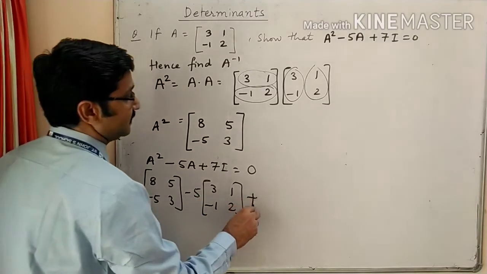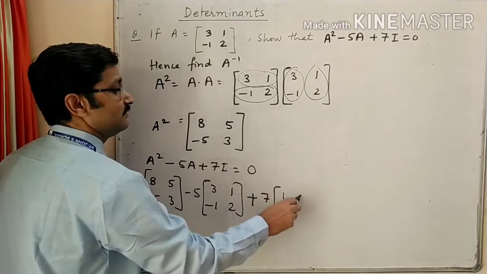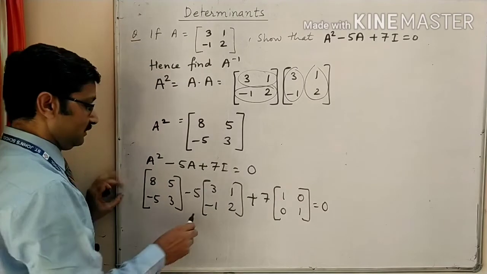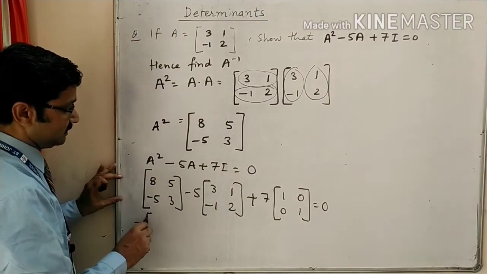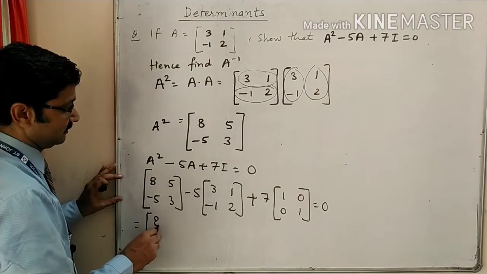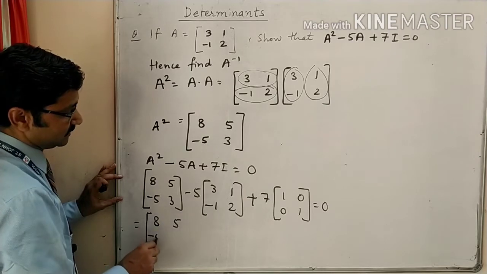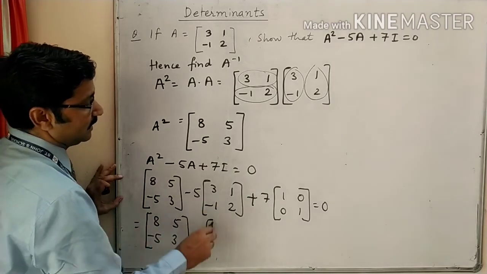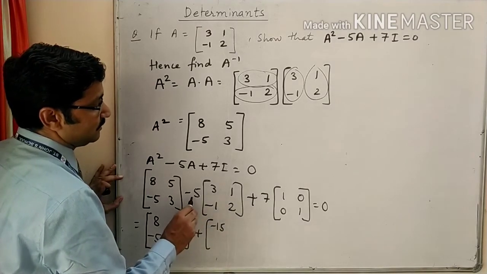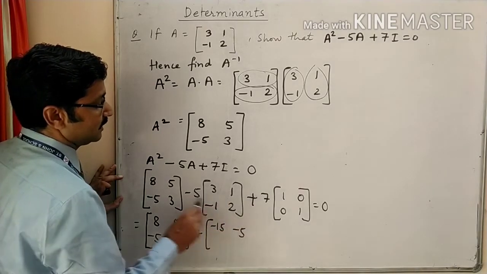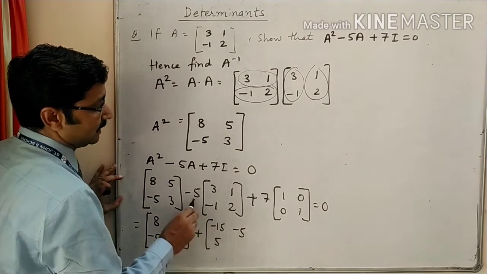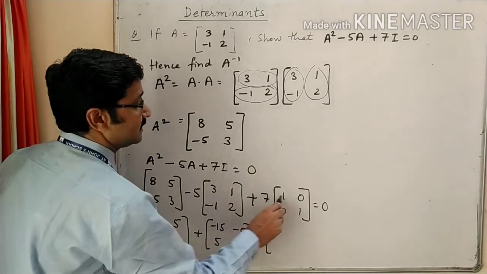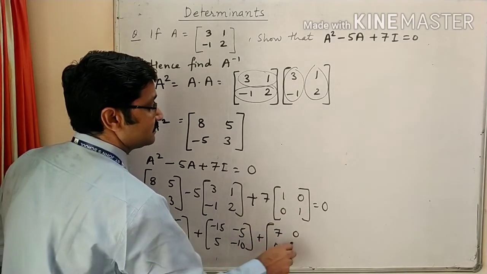And next is plus 7I, where I is the unit matrix 1, 0, 0, 1, and that is equal to 0. Now the second matrix you have to multiply by minus 5. All the elements of this matrix you multiply by minus 5. So what do we get here? Minus 5 times 3 is minus 15. Minus 5 times 1 is minus 5. Minus 5 times minus 1 is 5. Minus 5 times 2 is minus 10. And last you multiply by 7, so 7, 0, 0, 7.